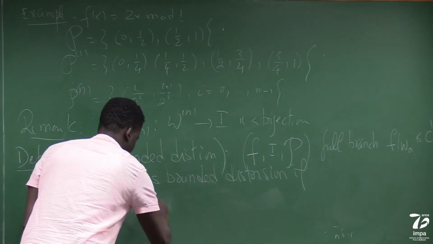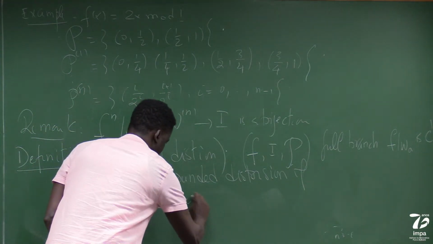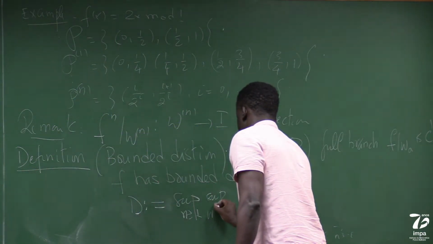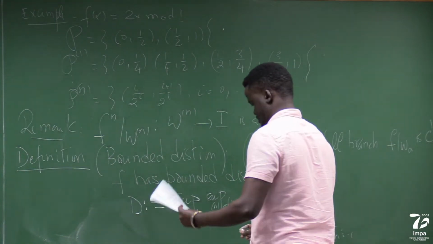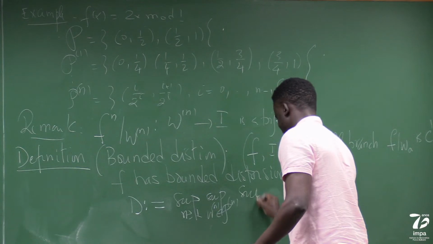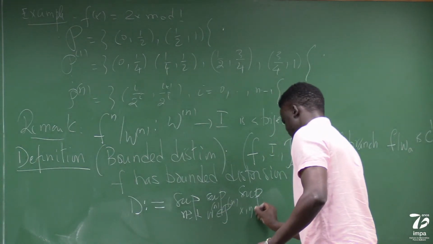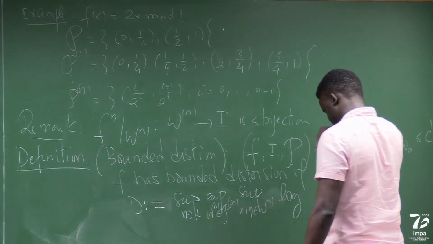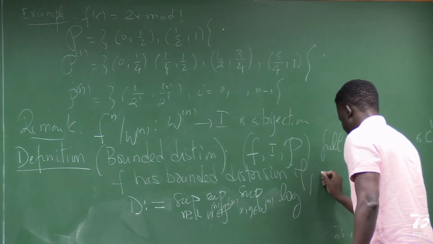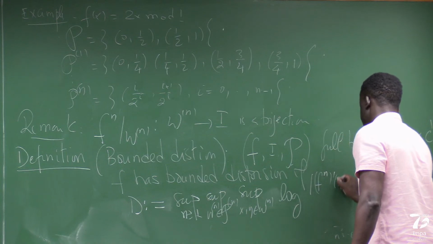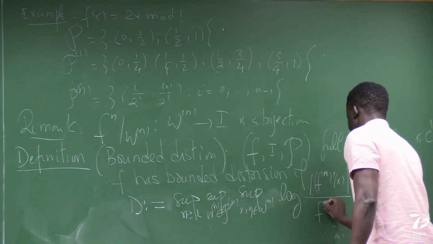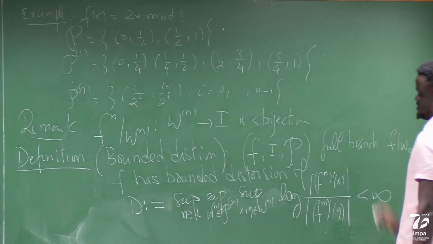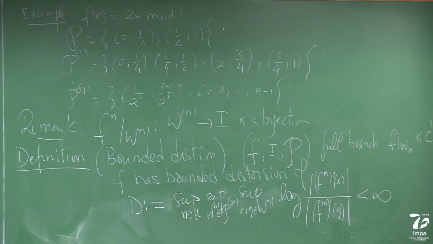D, it looks crazy just looking at it, is the supremum over n, and the supremum over omega n in P_n, and then the supremum over x, y in omega n of log of f^n prime x over f^n prime y. So if this quantity is finite, we say that this map has bounded distortion.